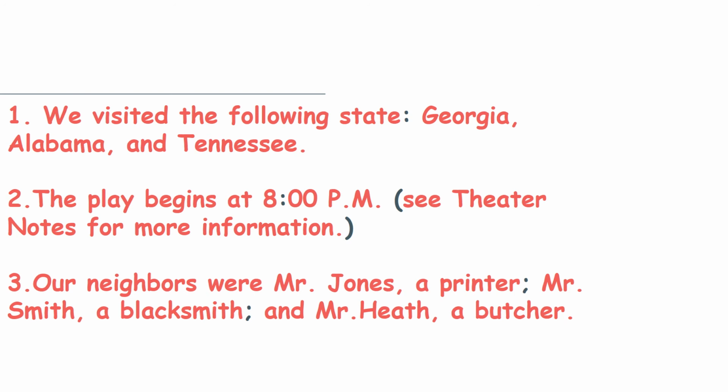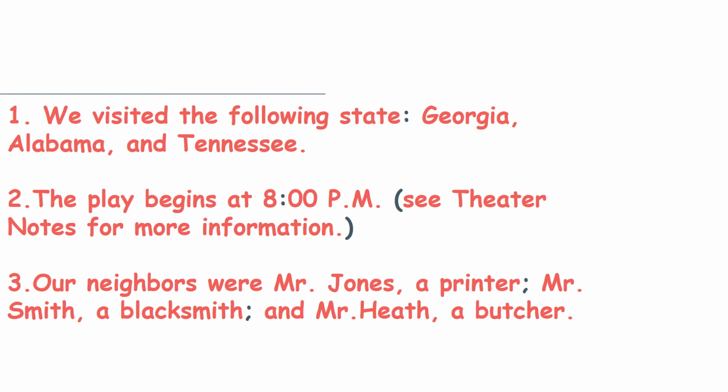And number 2, the play begins at 8:00 p.m. (See theater notes for more information.) So here I put the colon to separate the hour from the minutes. And I use the parentheses because it's extra information.